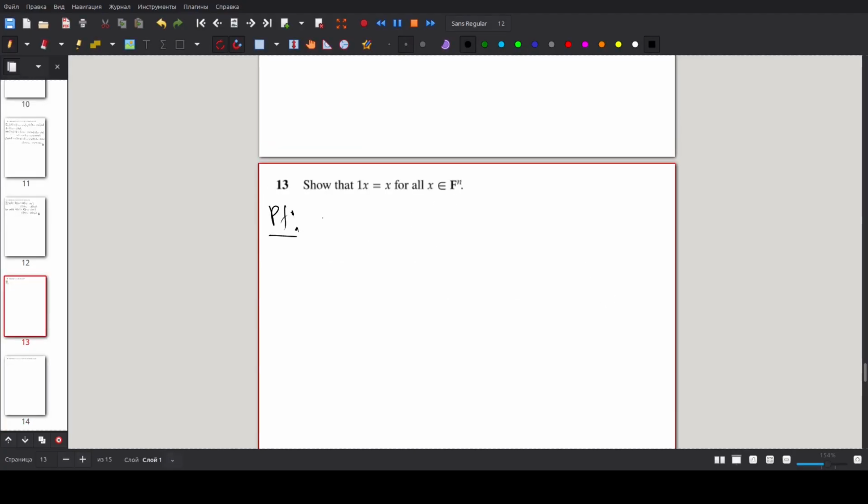Next. Alright, so 13, honestly, this might not even be right. Well, some of these might not be right. I think I got them right, but this one seems too obvious, so we're going to see. So I'll just write it down. 1x is the same thing as 1 times (x1, ..., xn), which is the same thing as (1 times x1, ..., 1 times xn).